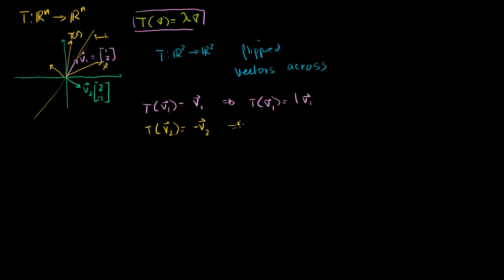Or you could say that the transformation of v2 is equal to minus 1 times v2. And these were interesting vectors for us because when we defined a new basis with these guys as the basis vectors, it was very easy to figure out our transformation matrix, and actually that basis was very easy to compute with, and we'll explore that a little bit more in the future. But hopefully you realize that these are interesting vectors.